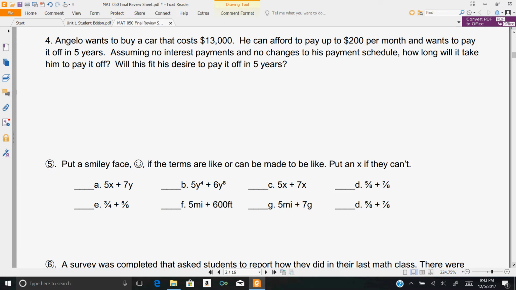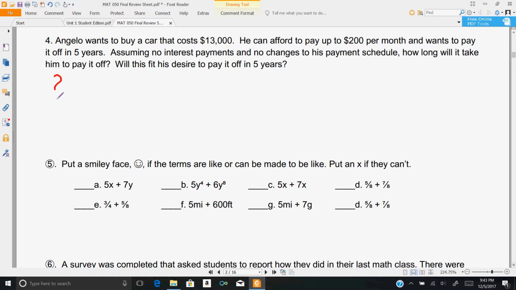So I'm going to say X is the number of months. So number of months that he's going to pay it. So every month he's going to pay 200. First month he pays 200. Second month he pays 200. The third month he has paid 200 3 times. The fourth month he has paid 200 4 times.